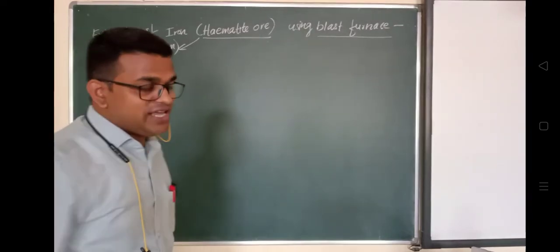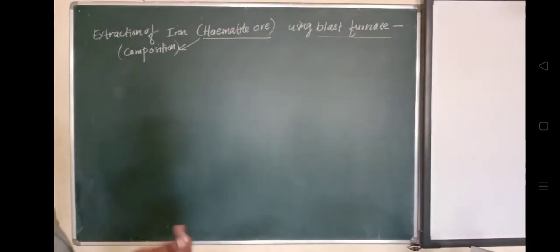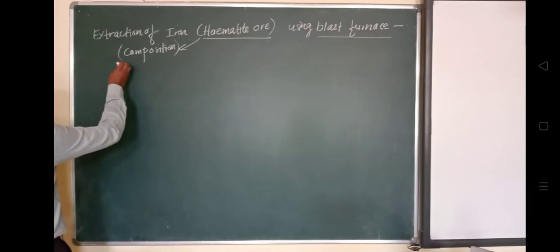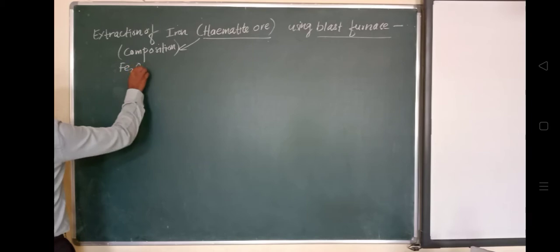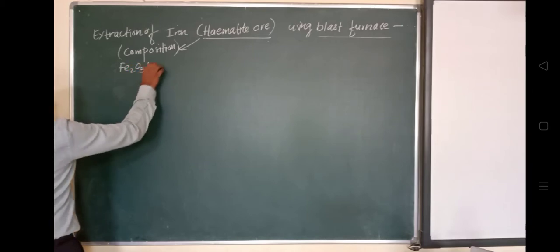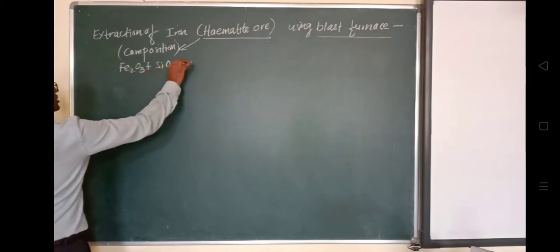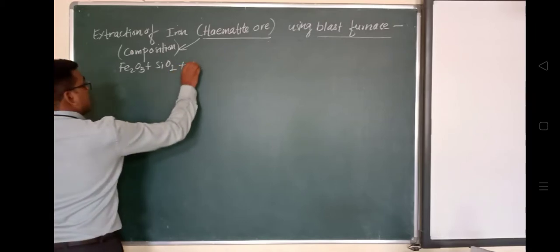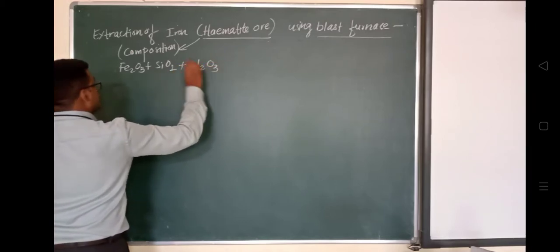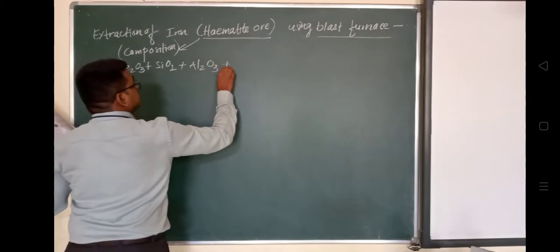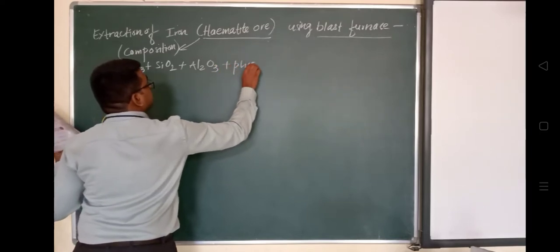Impurities may be siliceous impurities, some silica, some oxide impurity. The composition of this hematite ore is Fe2O3, and it consists of SiO2, silicon oxide, Al2O3, and some phosphate, उसमें सब phosphate होता है.